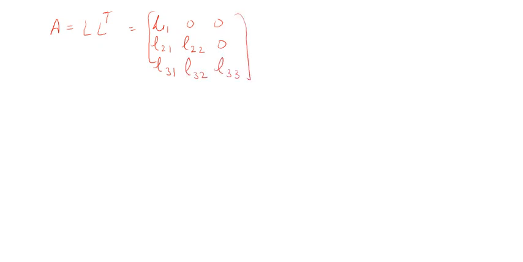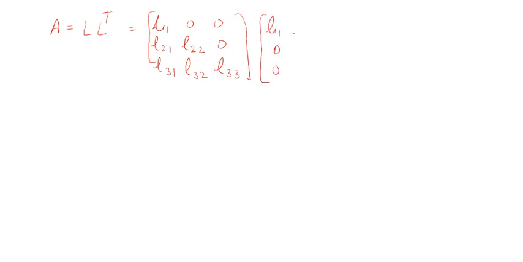So A equals L into L transpose. Let's say for 3 cross 3, it looks like L11 0 0, L21 L22 0, L31 L32 L33, times its transpose.